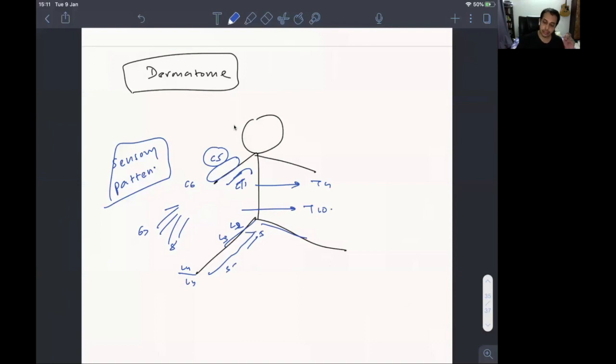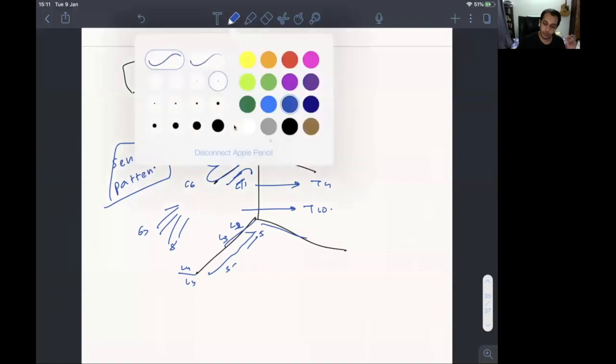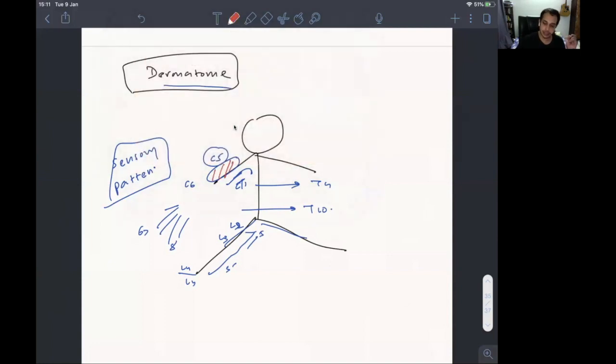So this is the dermatomal distribution, and therefore, if in any one dermatome there is a sensory loss, then you can say that the lesion is likely to be in that root. So if there is a C5 root problem, there will be a C5 dermatomal sensation loss.